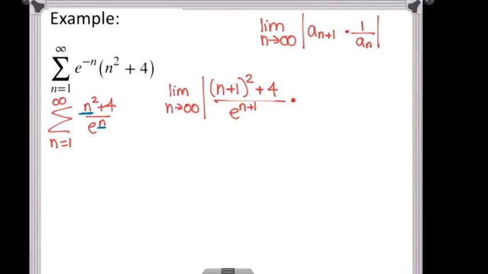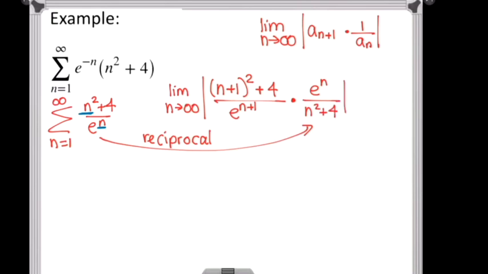Okay, so now I'm going to multiply by the reciprocal of the expression that we're starting with. So I'm going to flip this expression and put its reciprocal in the absolute value. So e to the n over n squared plus 4. Okay, sadly, there's no factorials to rewrite because those are fun, but we can rewrite the exponential expressions.